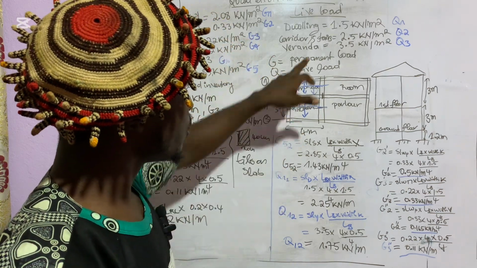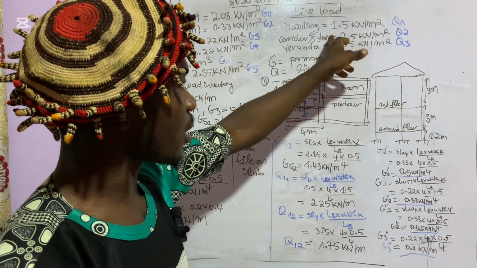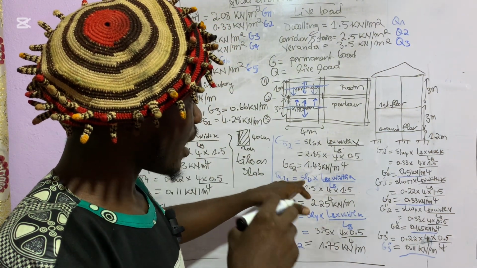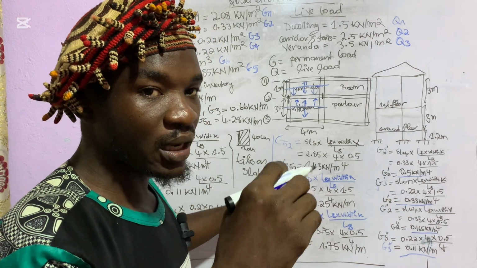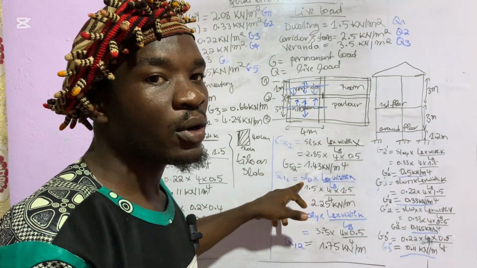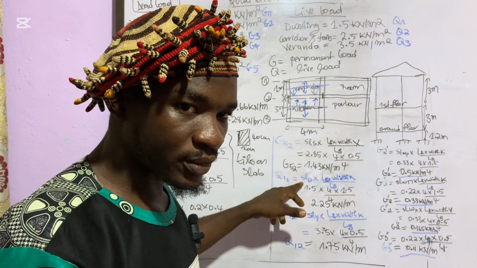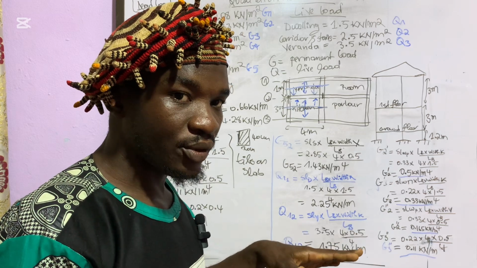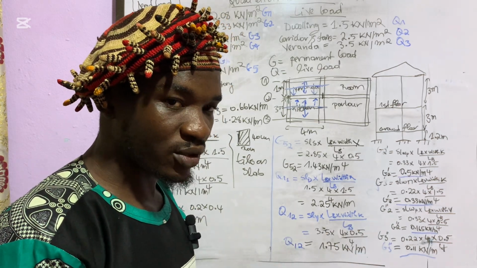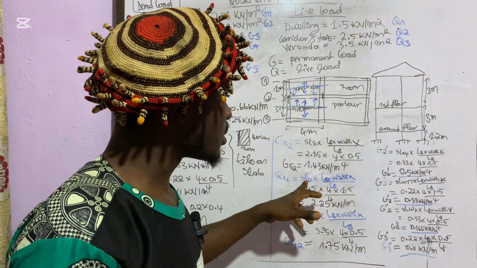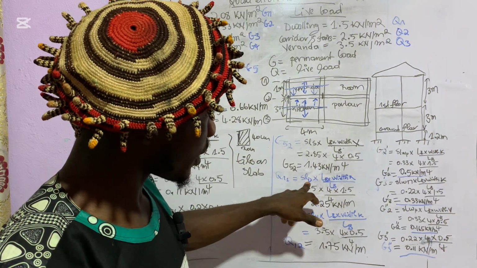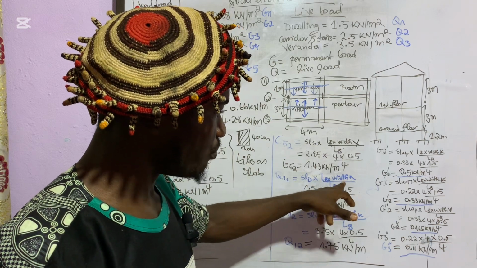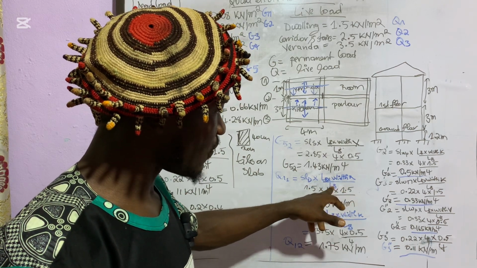So Q1, which I call the live load, represents the live load applied on each of these rooms, because the other elements like wall, column, or beam do not have live load. It's only a specific place in your structure, most of the time a space, that has live load. So you take the live load of the room, which is the kitchen in this case, times length of the beam times width of the kitchen, divided by length of the beam.